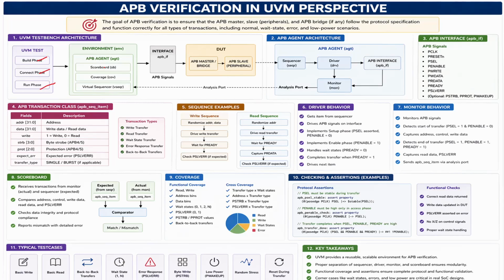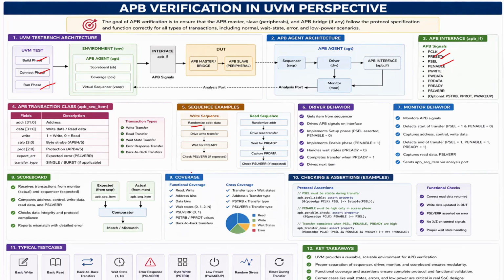The environment has a scoreboard, agent, coverage, and virtual sequencer, all connected to the interface. The DUT receives the signals, and we have an APB agent with sequencer, driver, and interface signals communicating, like clock, reset, enable, and data. The sequencer gives randomized data.